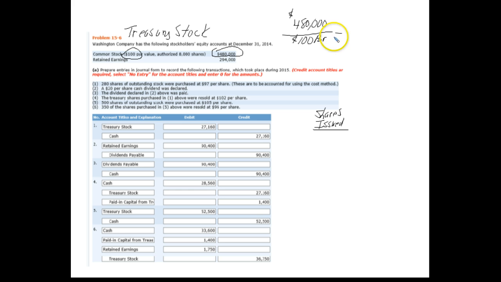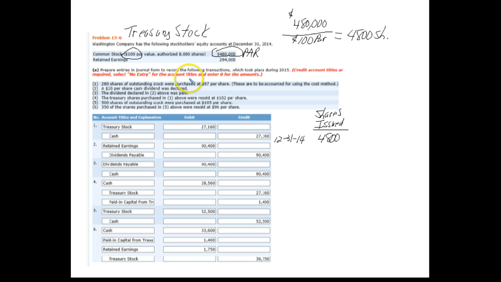Keep in mind the common stock account tracks par value. So that's going to be 4,800 shares. There are 4,800 shares issued because the common stock account represents issued shares. So at 12/31/2014, there are 4,800 shares issued. Okay, so let's go to the transactions.